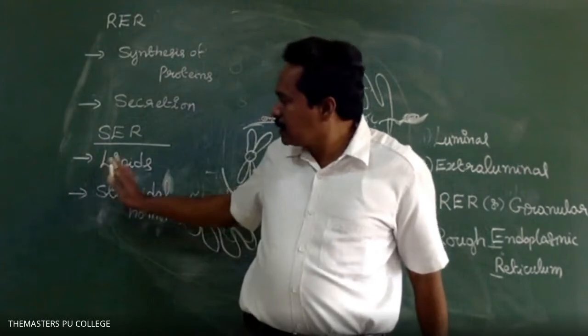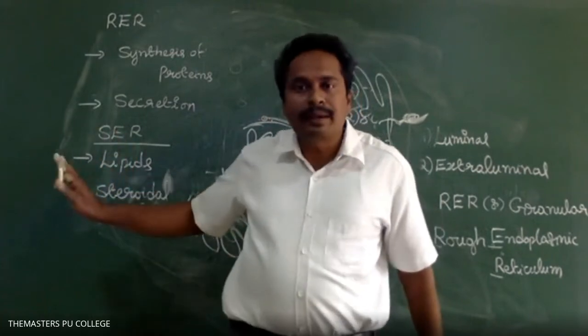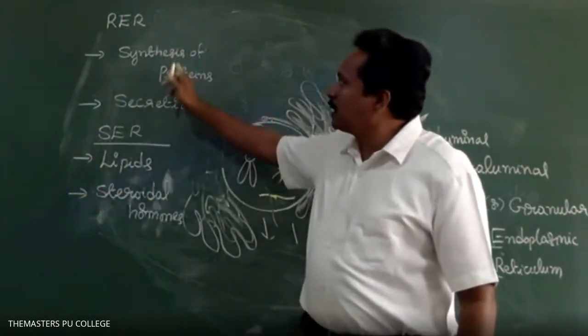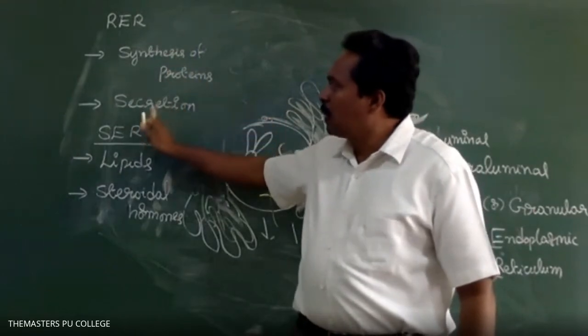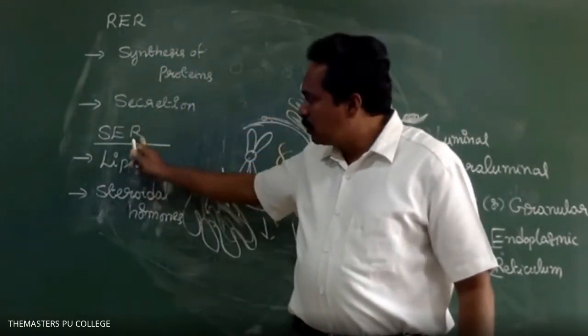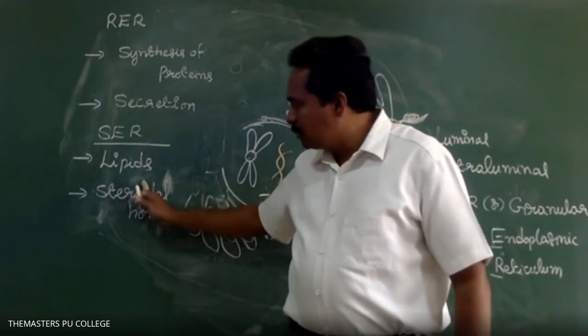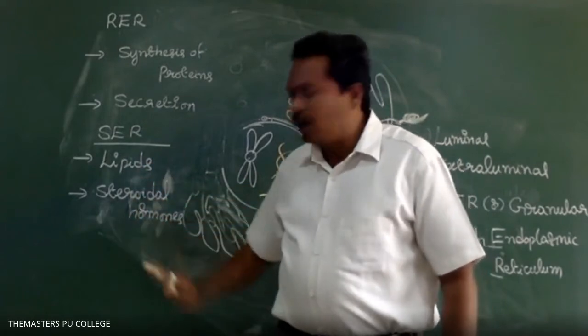So these are the functions of the endoplasmic reticulum. Rough endoplasmic reticulum is involved in synthesis of proteins and secretion, whereas smooth endoplasmic reticulum is involved in synthesis of lipids and steroidal hormones.